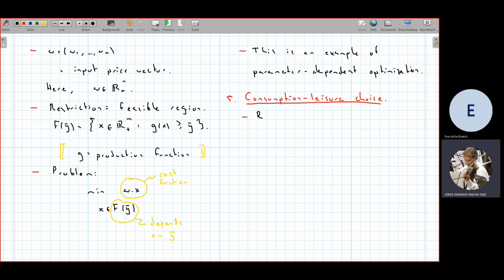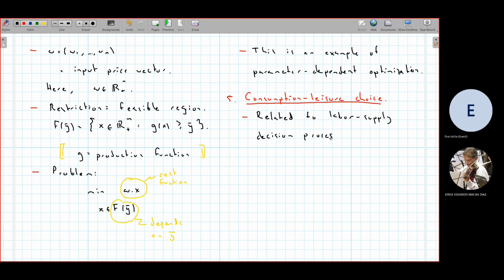So it's actually related to a topic called labor supply and decision processes, especially in households.